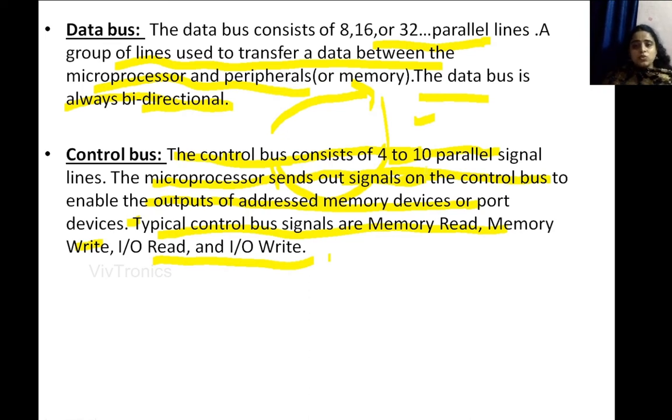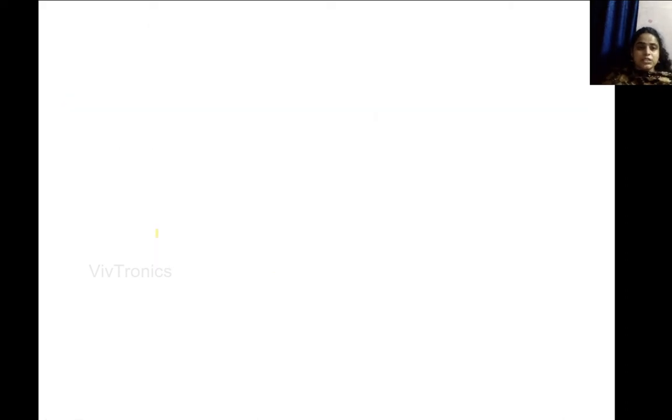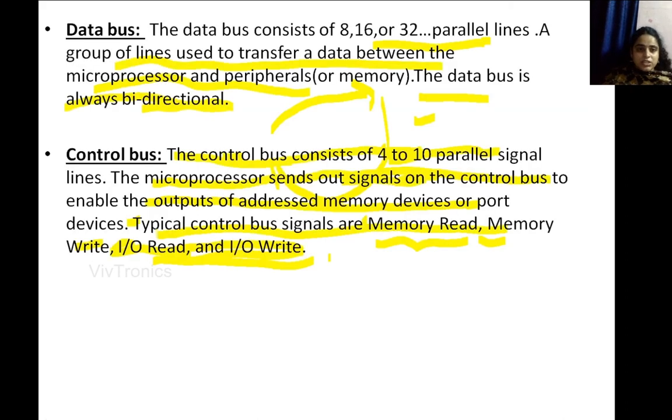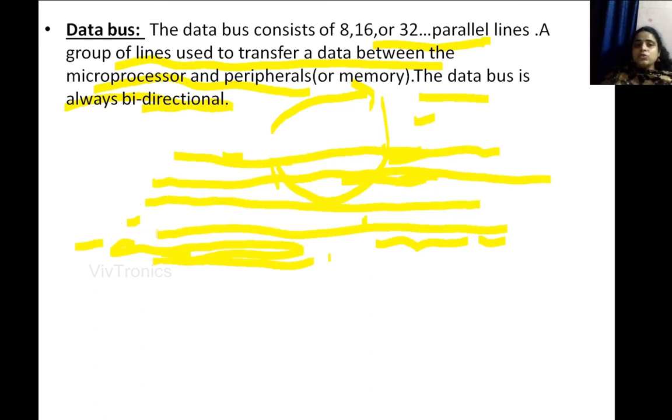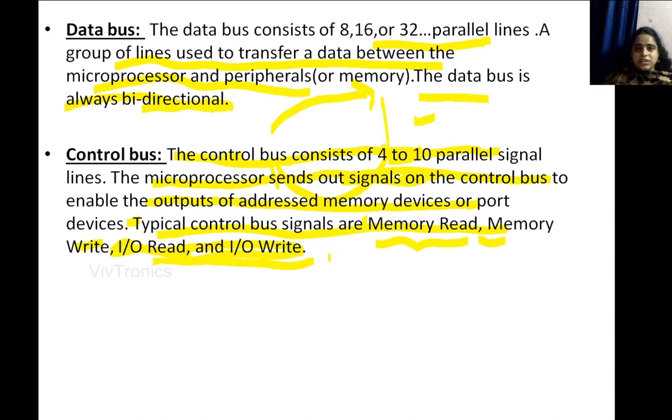These will come to you in your minimum mode and maximum mode configurations. These are the basic terminologies that we generally use in 8086, and without knowing all these basic terms, it is a waste to learn about 8086.